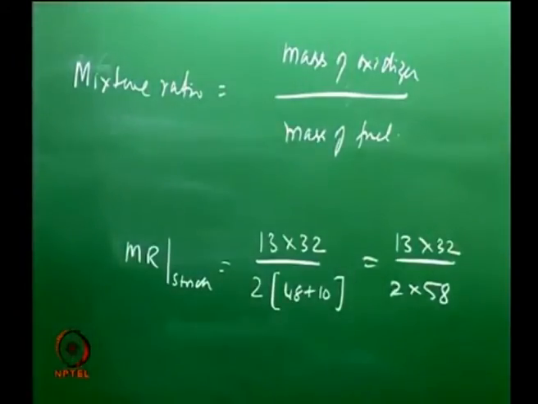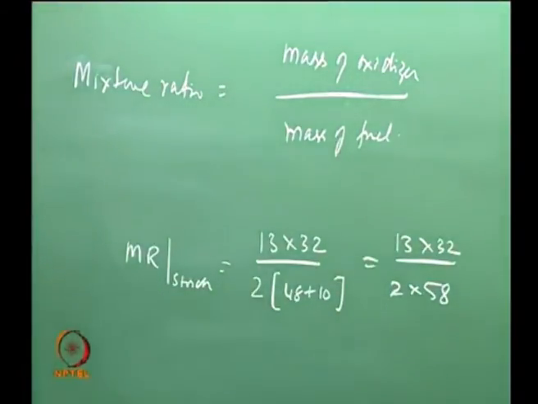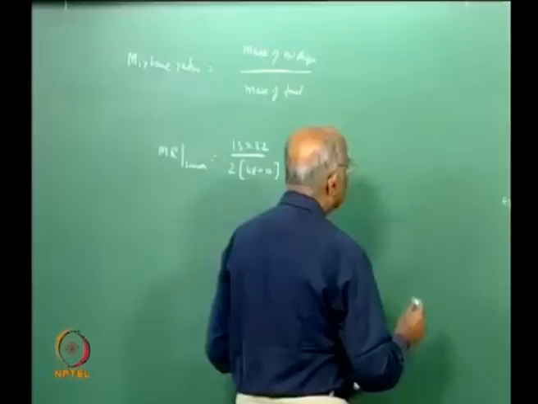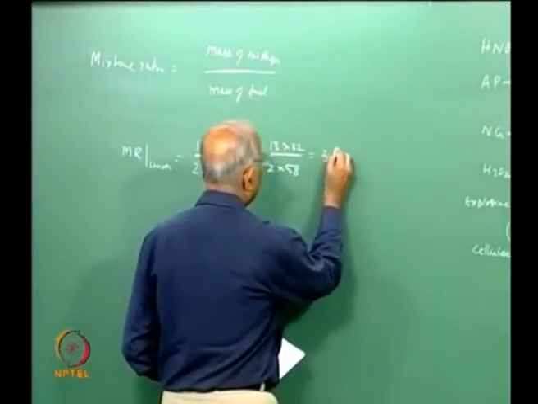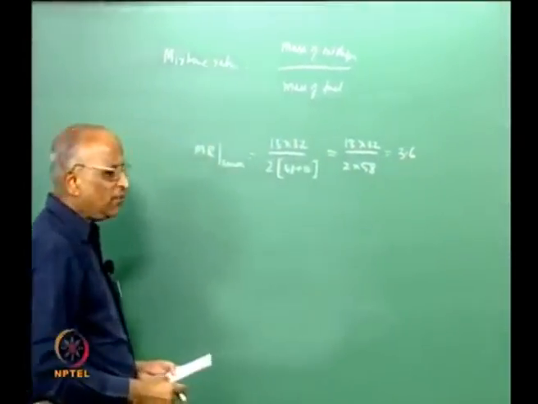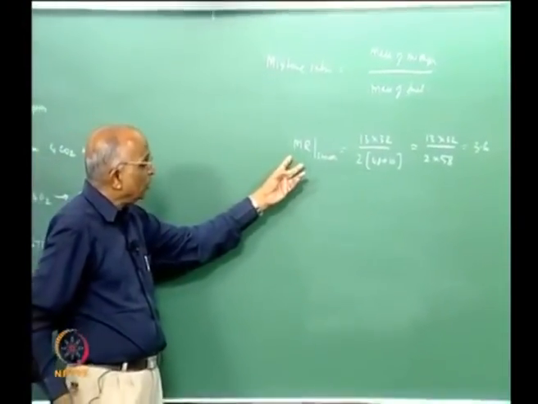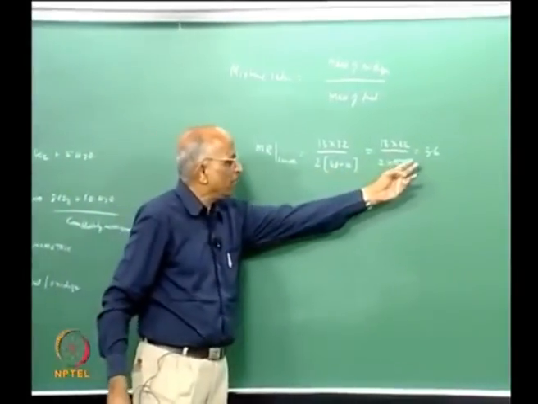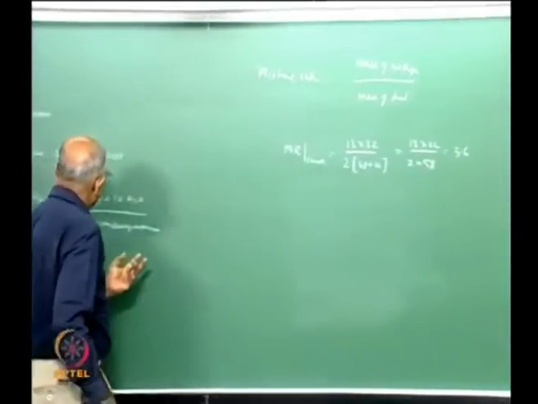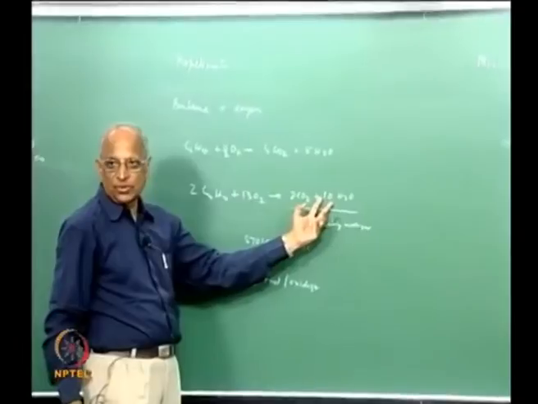Is it all right? That is, the mixture ratio for this reaction is something like 3.6. Therefore, if I use oxygen to fuel in the proportion 3.6 to 1, I get completely oxidized products of combustion.